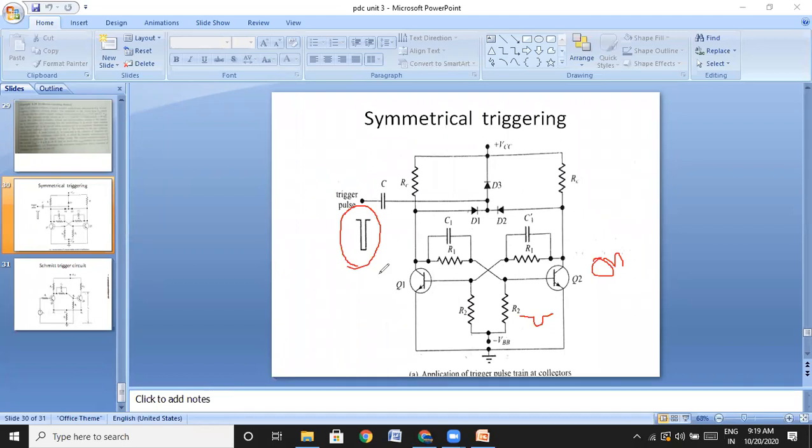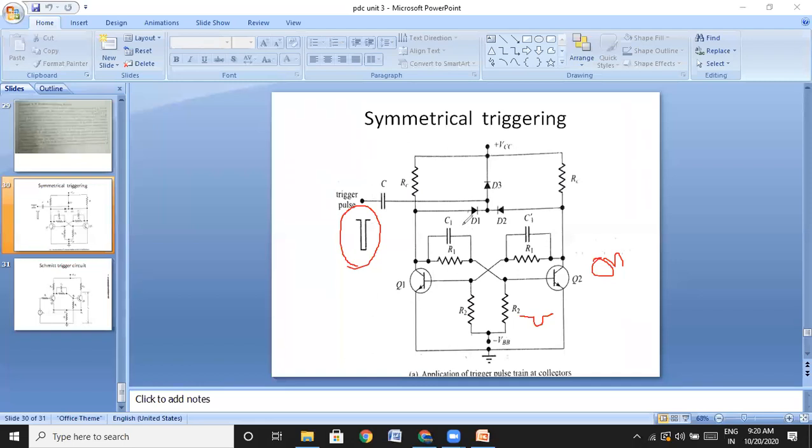When you apply a small positive waveform, your circuit won't respond and won't change its state. It is less sensitive to positive waveforms and more sensitive to negative waveforms. Therefore, generally the triggering pulse is a negative waveform.